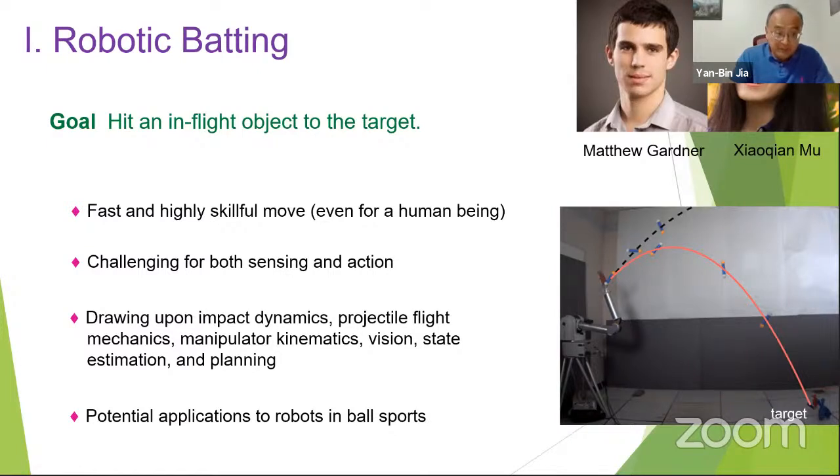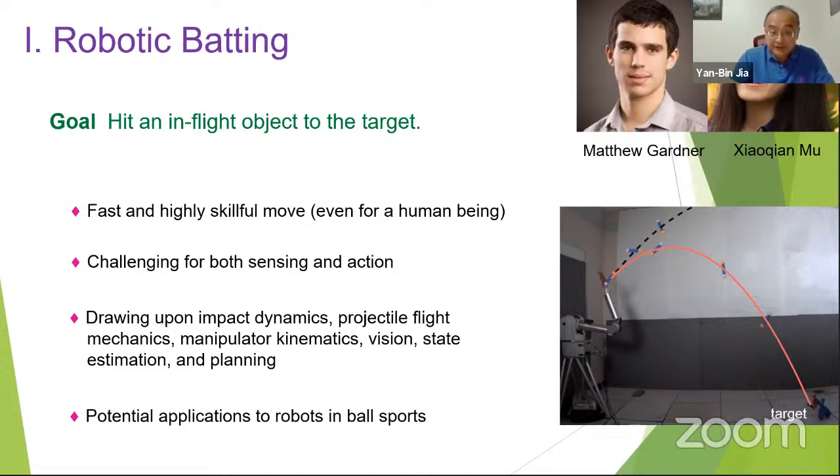So the goal is pretty simple. We want to hit an in-flight object to the target, just like batting in baseball or tennis or table tennis. This is a very fast and highly skillful move, because the flight usually lasts half a second, and the robot has to make the planning and the reaction and actually execute the action within that time frame.